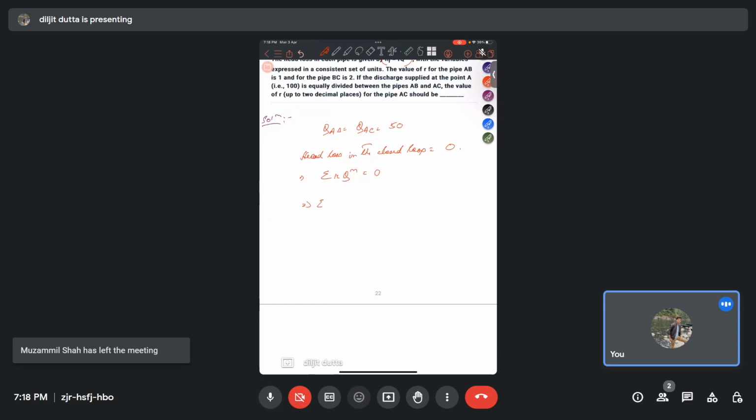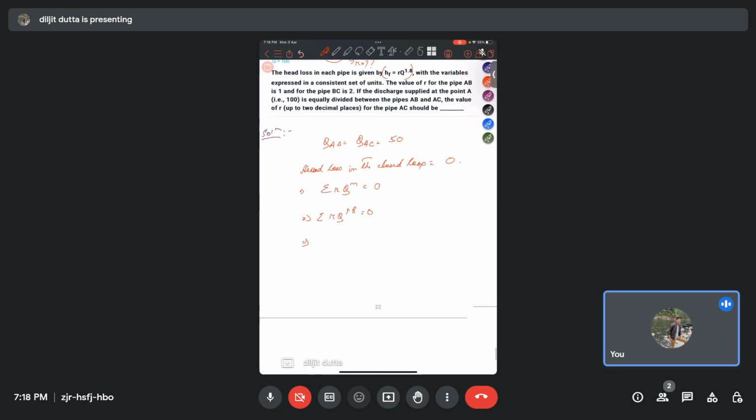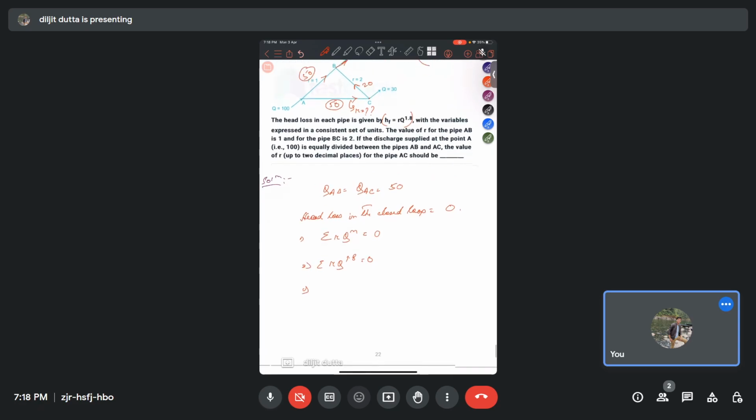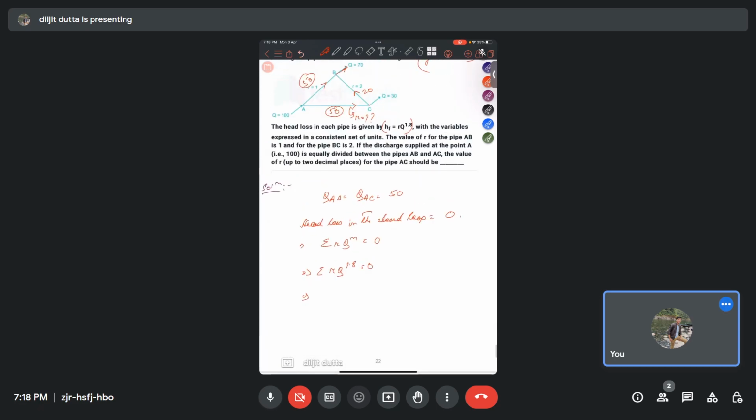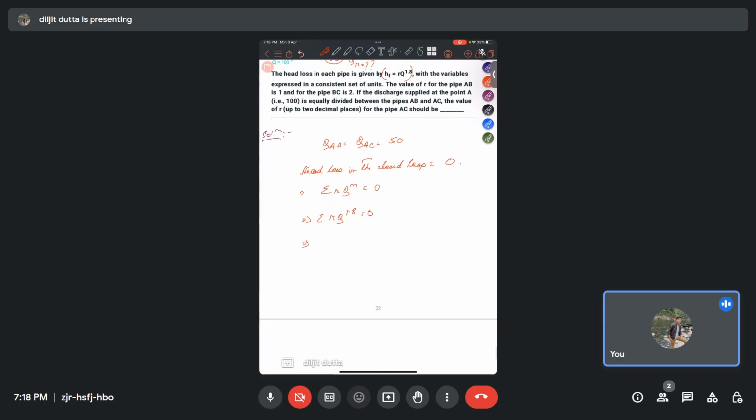So what is R for AB? It is clockwise. R is equal to 1, Q is equal to 50 to the power 1.8.